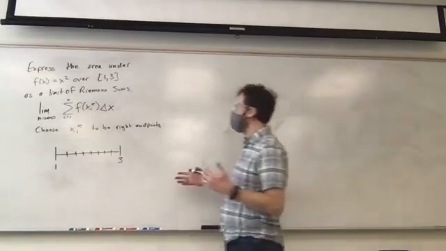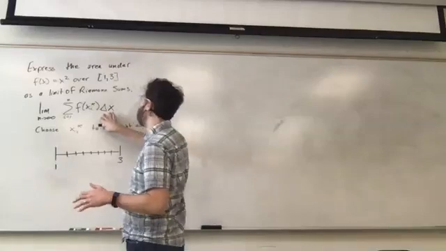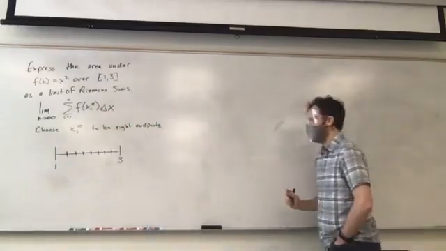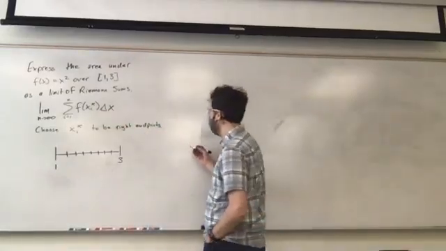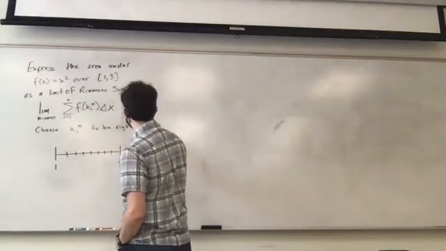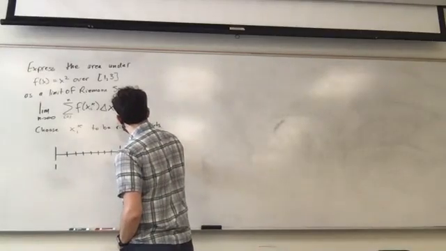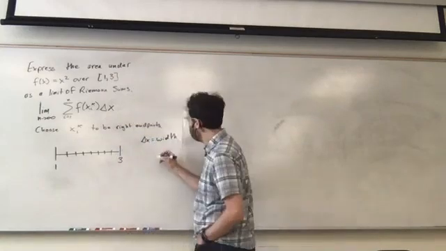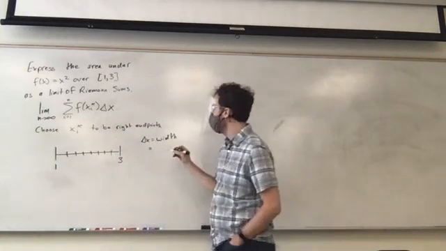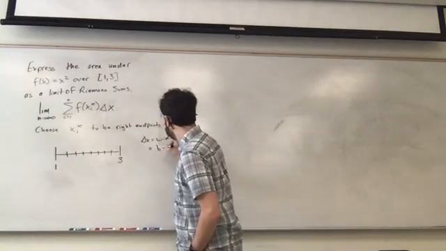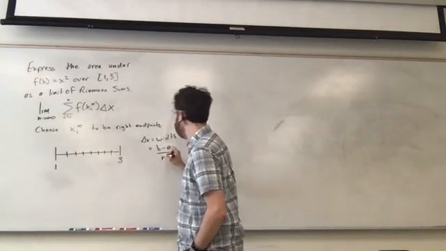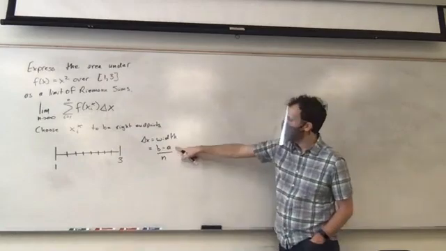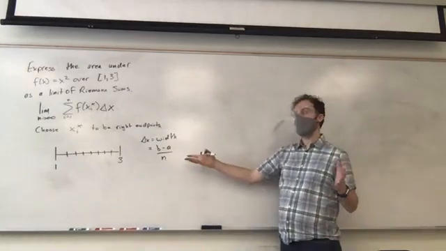So the first part you can do is, what is the width? How wide are all of these rectangles? The width is always going to be the formula (b minus a) over n. b minus a is the length of the interval that you're dealing with.